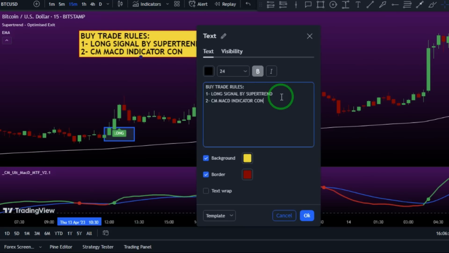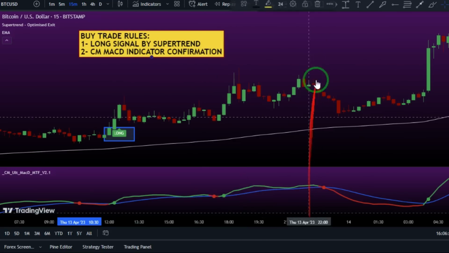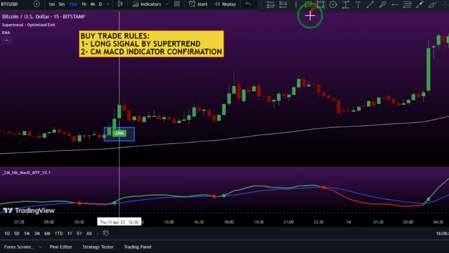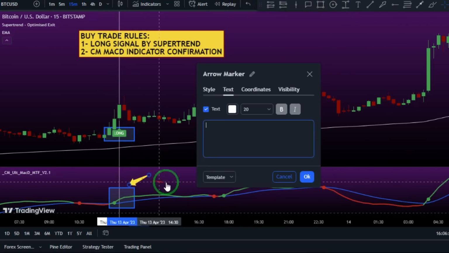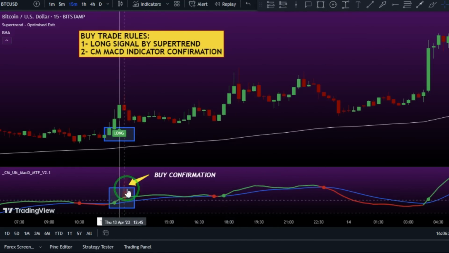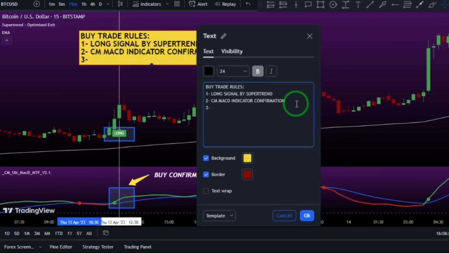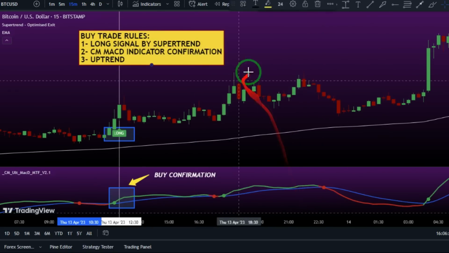If there is a green dot on the oscillator, the buy signal is confirmed. Lastly, make sure momentum is upwards, meaning the signal candle is above the EMA.